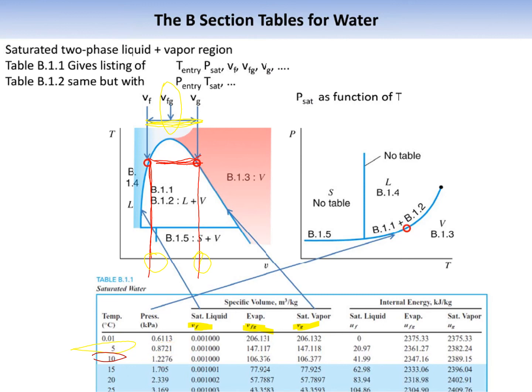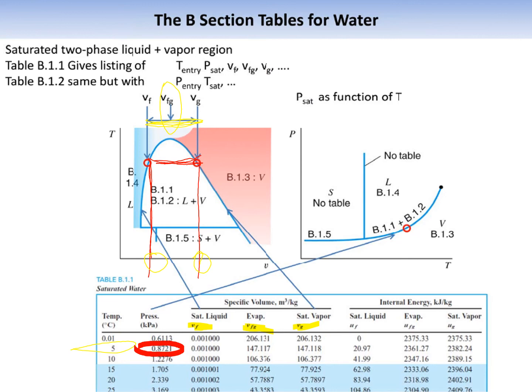So we have different boiling points for different pressures. If we have a specific temperature and pressure, then the volume occupied by the liquid is Vf, the volume occupied by the saturated vapors is Vg, and Vfg is the difference of Vg and Vf.